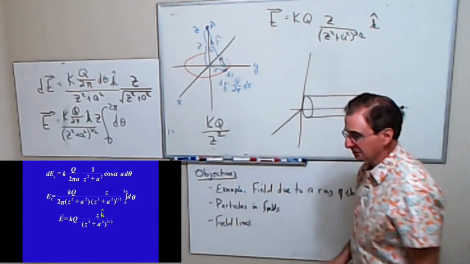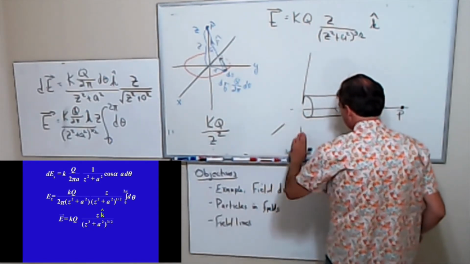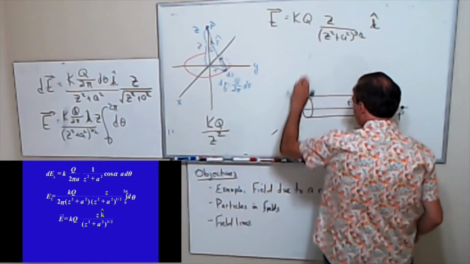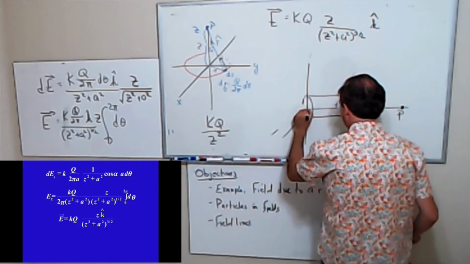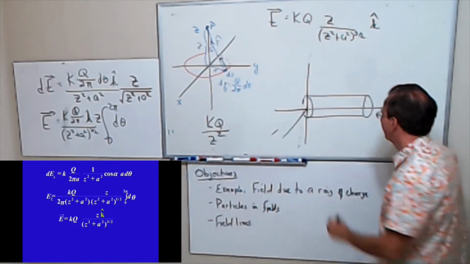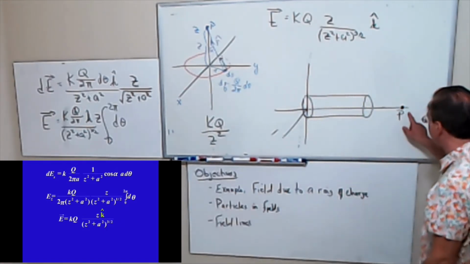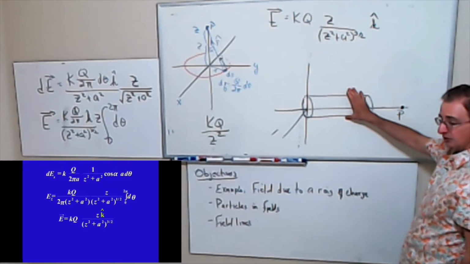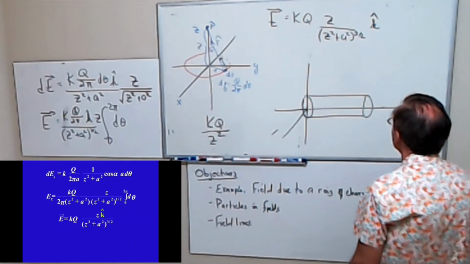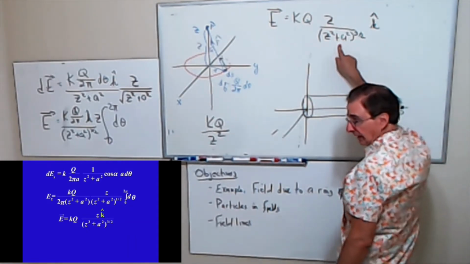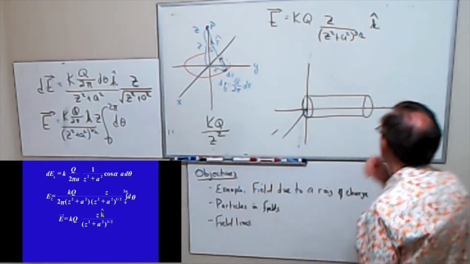I think my coordinate system should look more like this. In the homework problem, I forget which number it is, they want you to find the field here due to this cylindrical shell, so it's empty on the inside. And they ask you to use this equation as the basis for solving the problem. It's number 13.